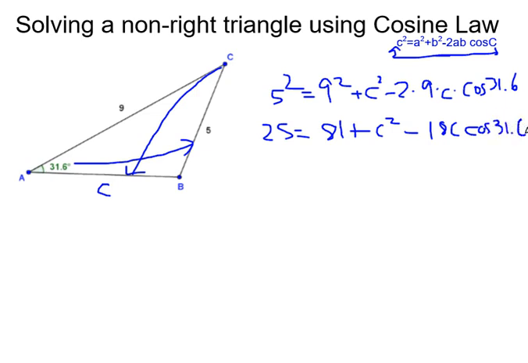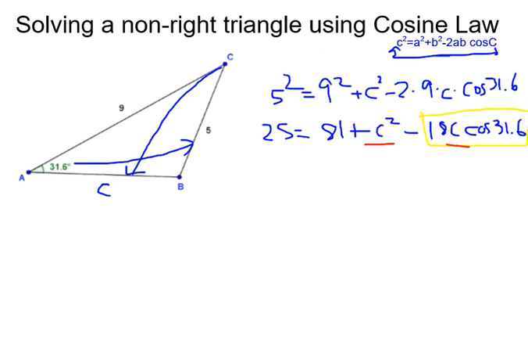At this step, some of you might be tempted to put things together. Now this here has to stay together. This is all together. It's 18 times C times cosine. You cannot mix it with anything else. Now, how do you solve an equation that has C squared and C in it?